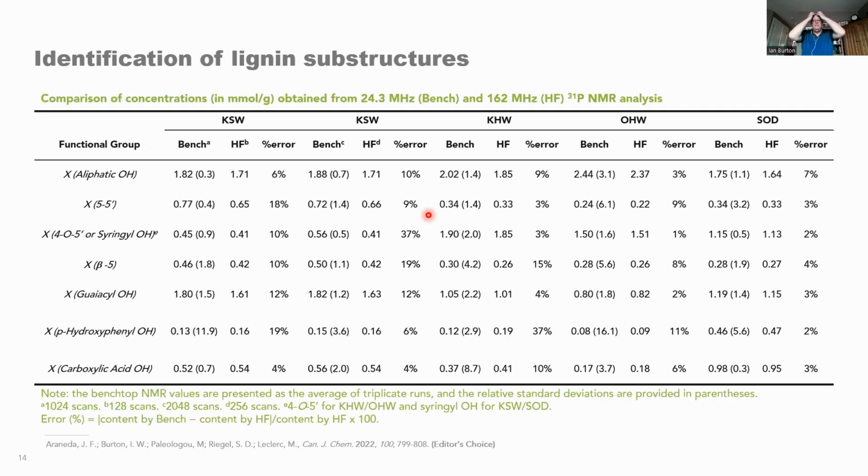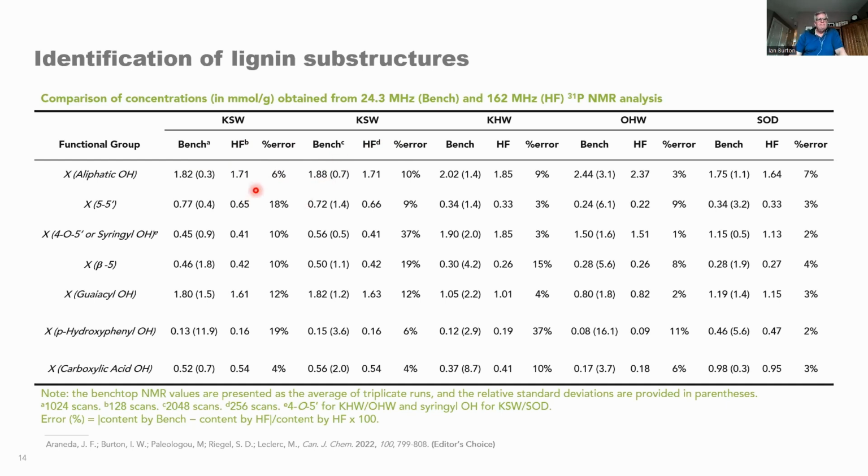Now, when we compare the analysis between high field and low field, we did the softwood at two different numbers of scans: 128 scans and 256 scans for the high field, and 1K scans and 2K scans for the low field, just to get a feel for what effect signal to noise has and what's the lowest number of scans we could do.